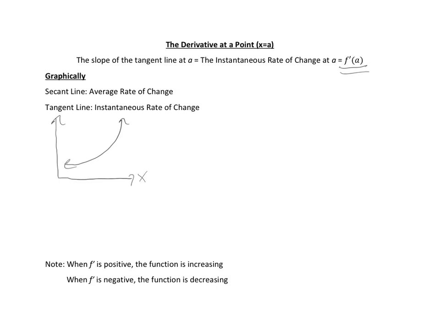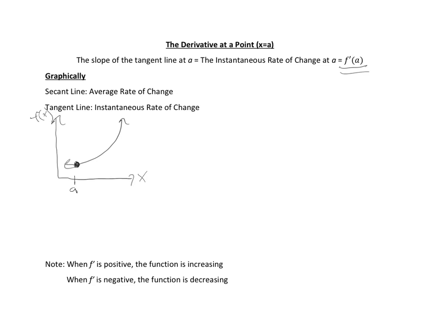Where this is our input x and our output over here, we're getting our f of x value. Okay, so let's first talk about what this secant line thing is. And so let's say we want to explore this a value right here. And what's happening at that a value.